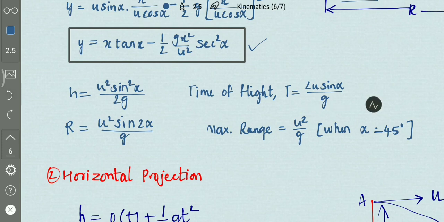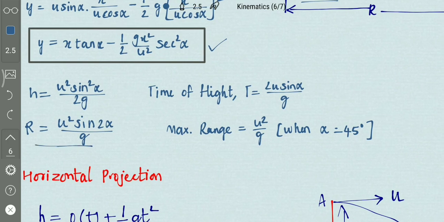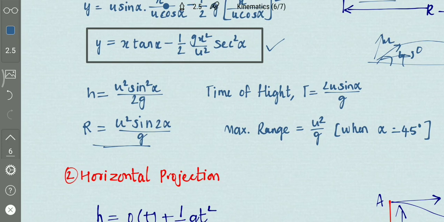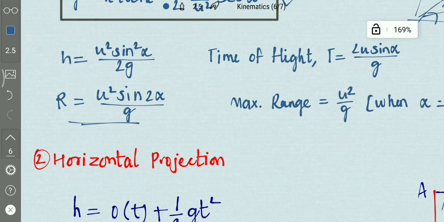And maximum range: if the projectile is thrown with a velocity u and with different angles, the maximum range will be when it is thrown with an angle of 45 degrees, because in the range u square sin 2 alpha divided by g, in order for the range to be maximum, sin 2 alpha should be maximum.